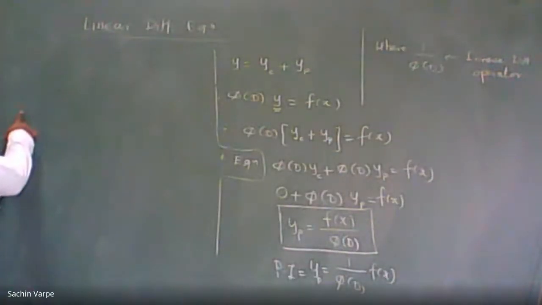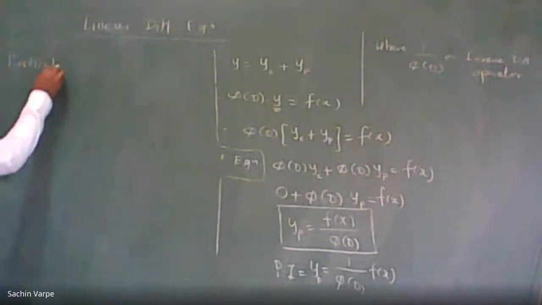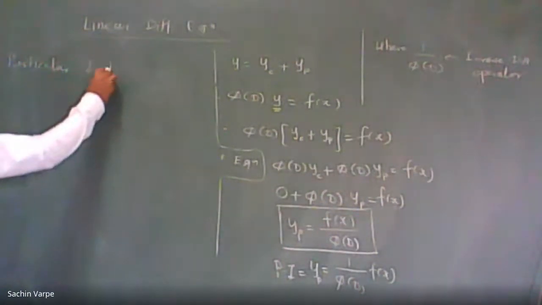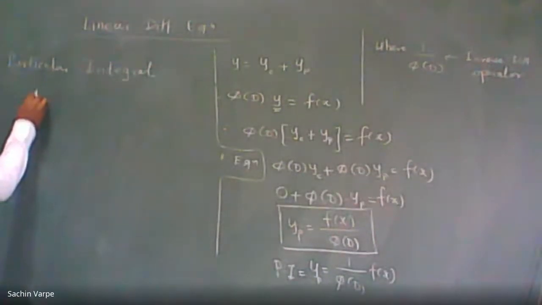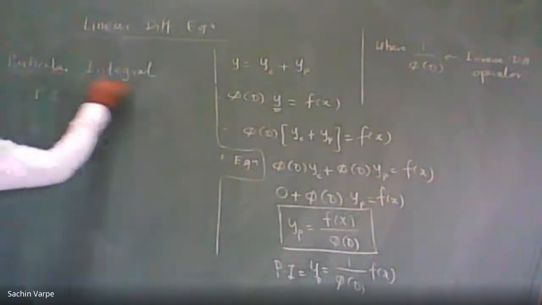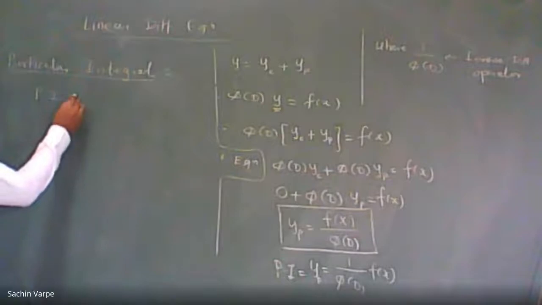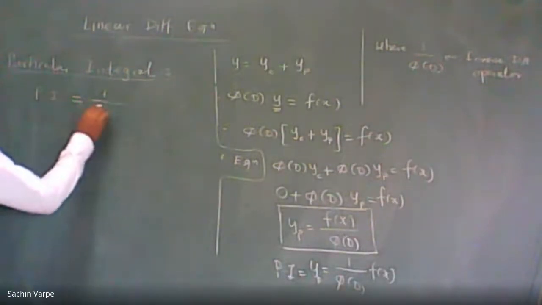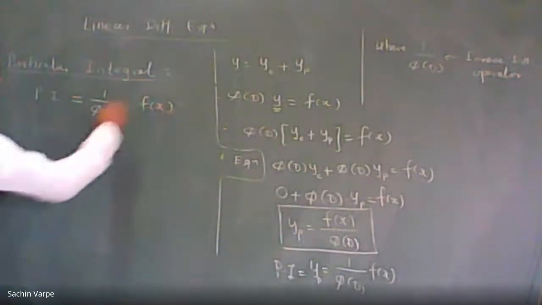PI is equal to 1 upon phi of D into f of x.